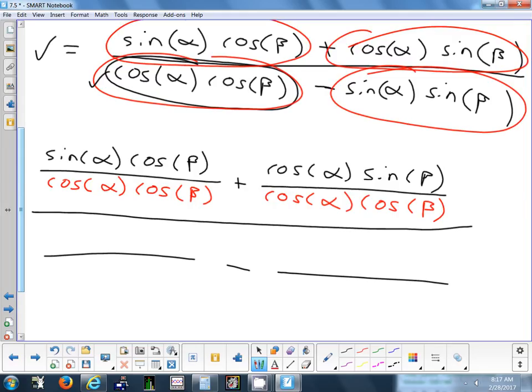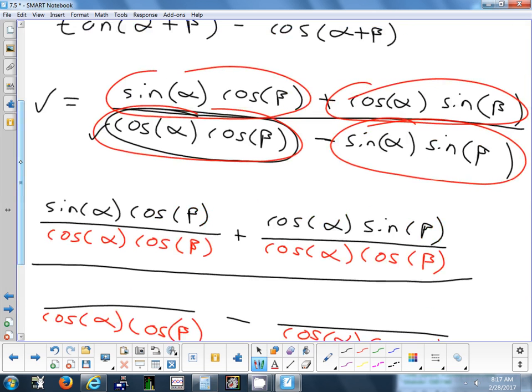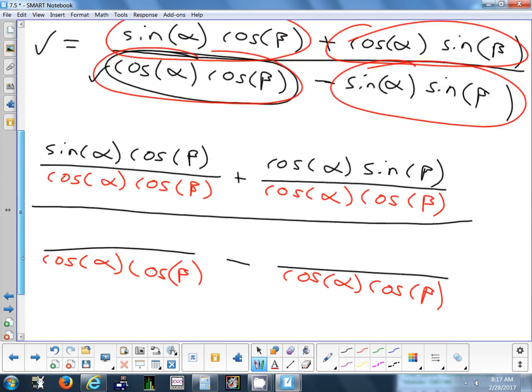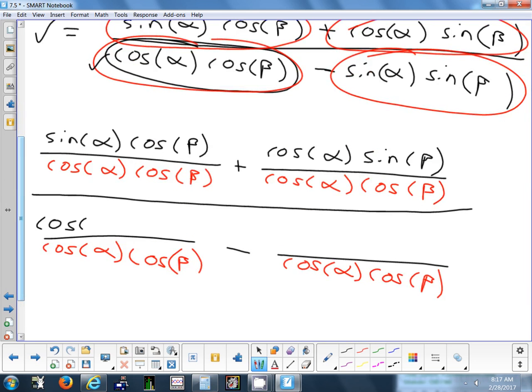Each part of what's in the bottom, we're going to divide by cosine alpha, cosine beta, cosine alpha, cosine beta. Now in the numerators, just put what we originally had. Cosine alpha, cosine beta. And as Dave said earlier, you've got the same thing in the top and the bottom.